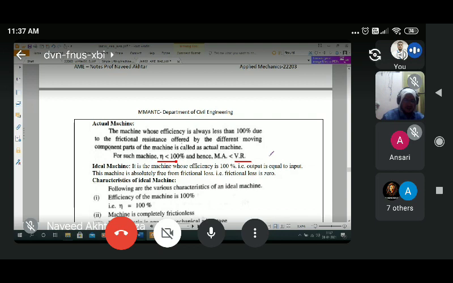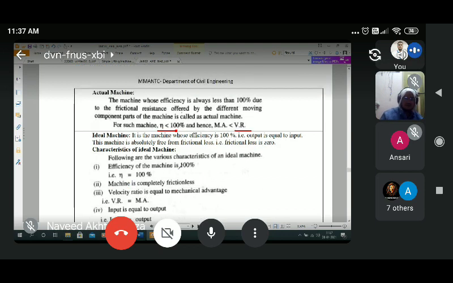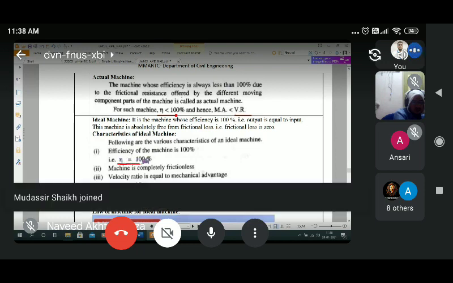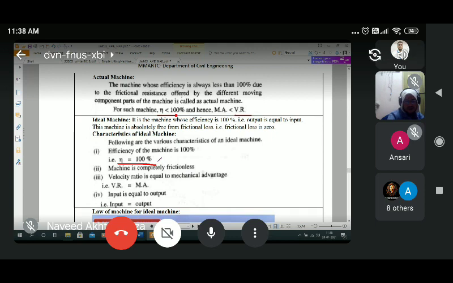Now what is the ideal machine? The machine whose efficiency is equal to 100%. So if the eta value, that is the efficiency of the machine, is 100%, then we will say that is the ideal machine.